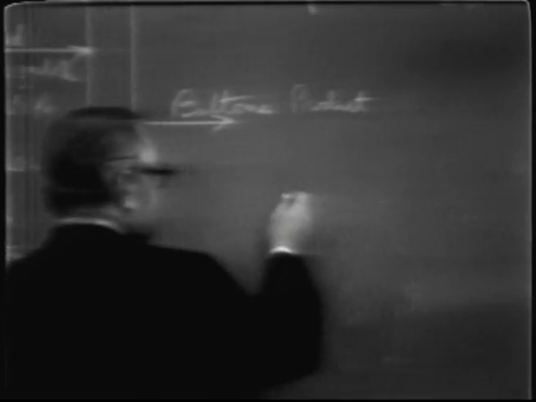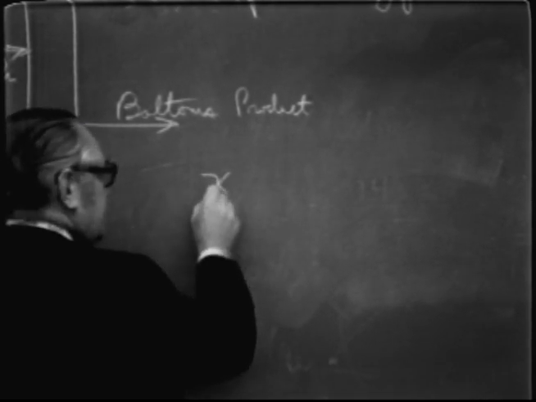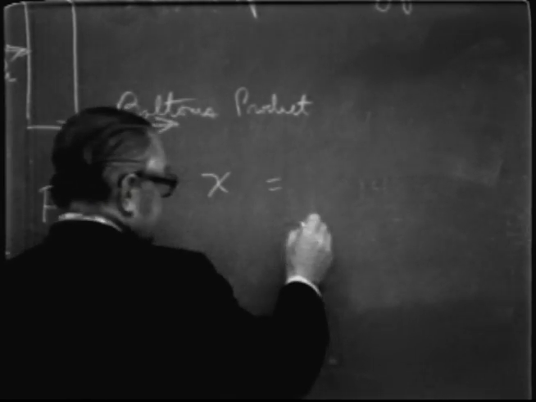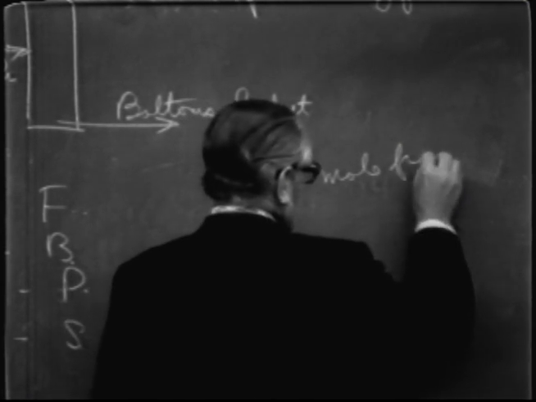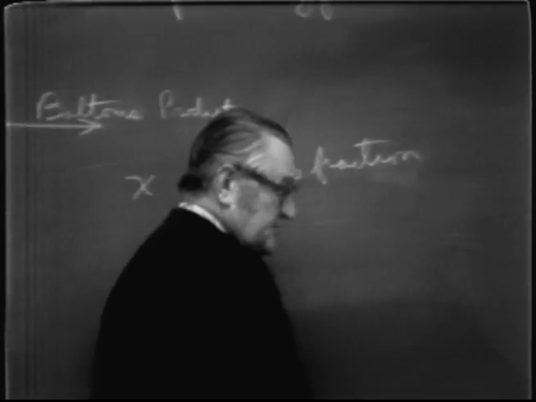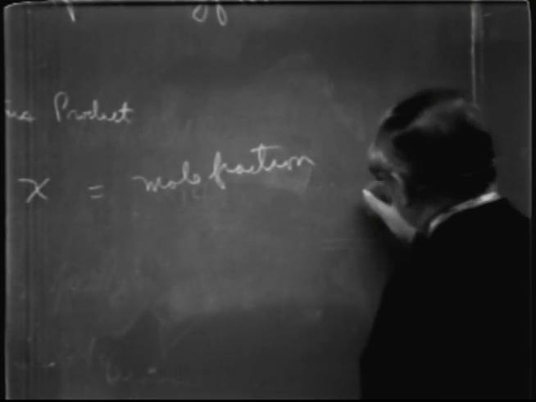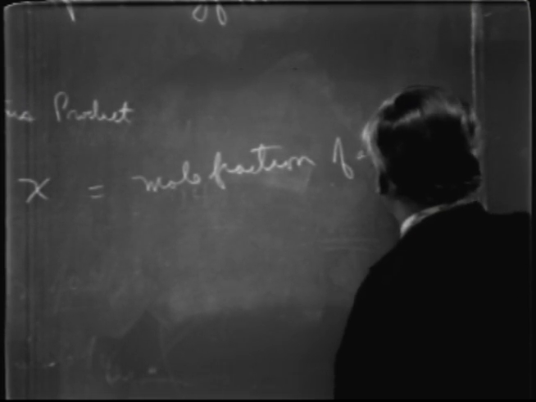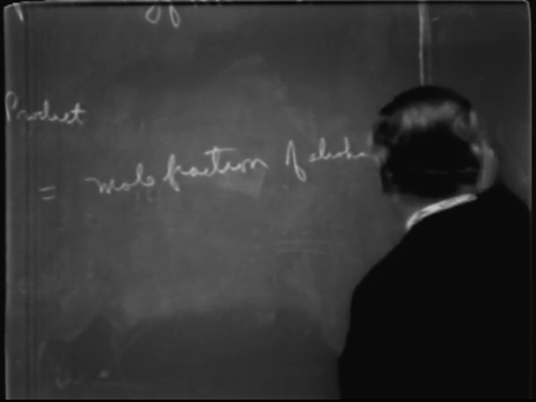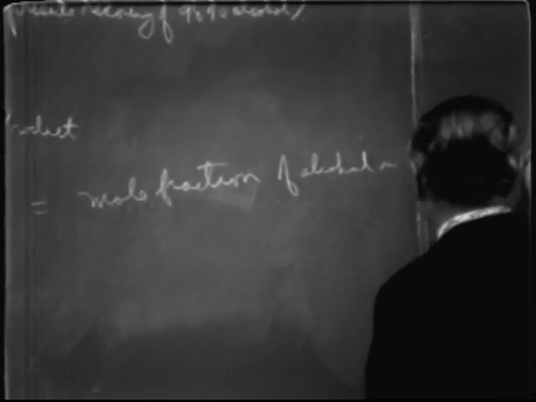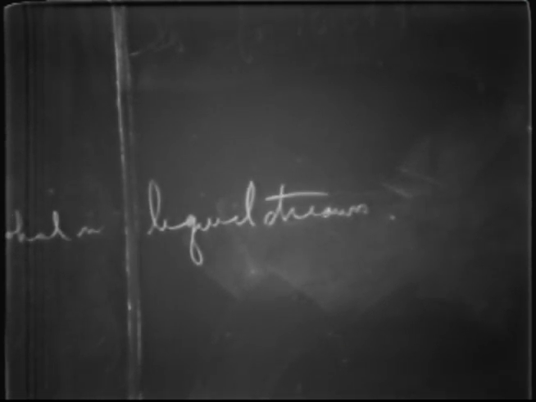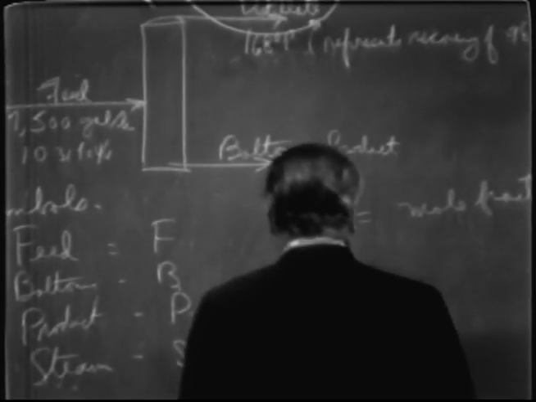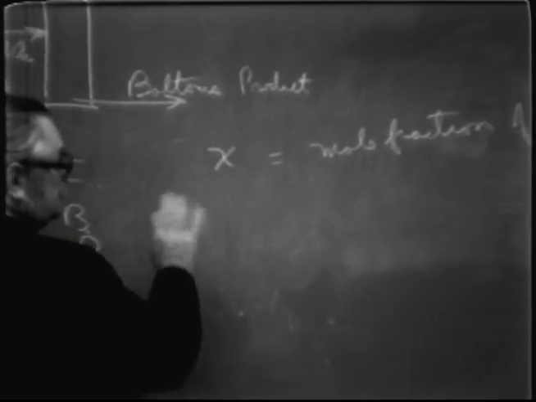Then we use the letter X to represent the mole fraction of a volatile component such as ethyl alcohol in liquid streams. In this case, of course, that's the only thing we're considering. And so then we write a subscript to indicate which stream we're talking about.